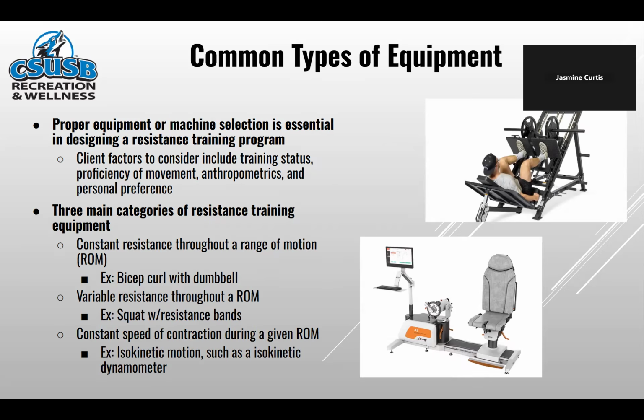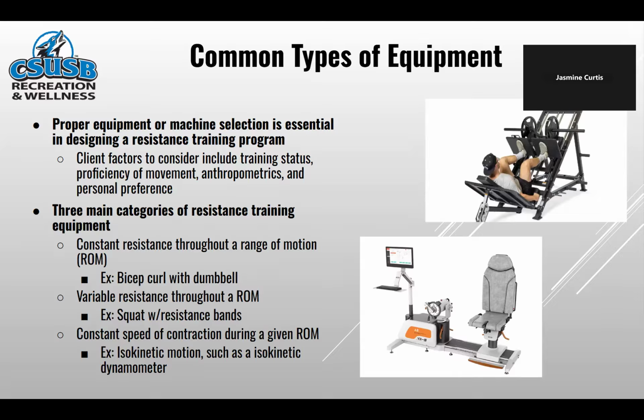So let's get into common types of resistance training equipment. Proper equipment or machine selection is essential for our programming. We want to get our clients to our goals, so we want to consider training status, proficiency of movement, anthropometry, how tall they are, how wide they are, what their measurements are, and then personal preference of the client too.